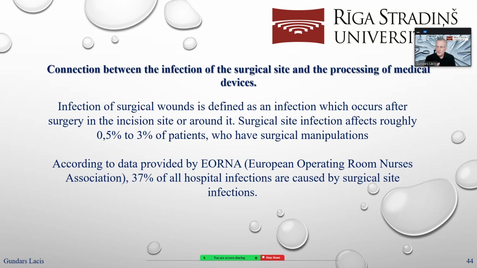Connection between surgical site infections and the reprocessing of medical devices. Surgical site infections are one of the most popular hospital-acquired infections, and the World Health Organization says it's approximately 0.5 up to 3% of all patients who have surgical manipulations.